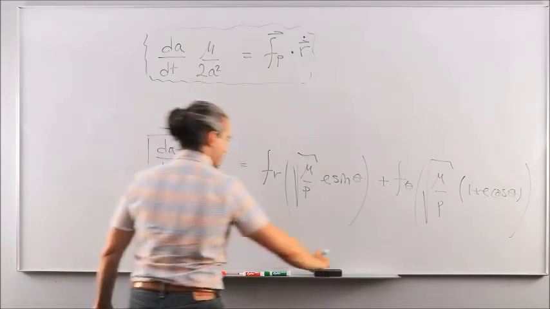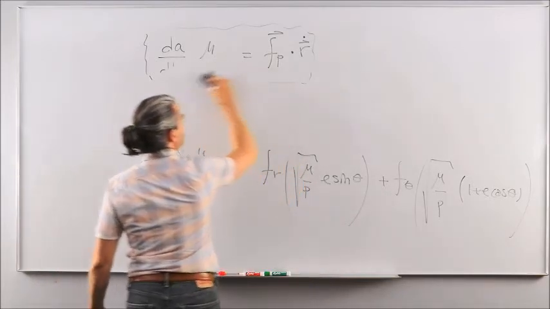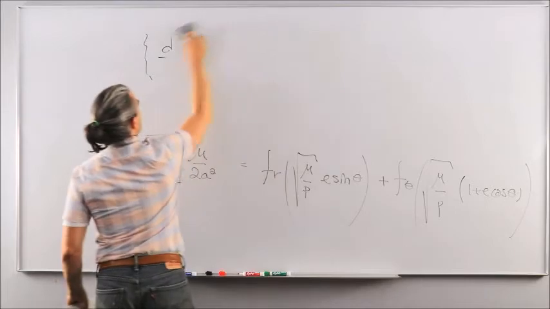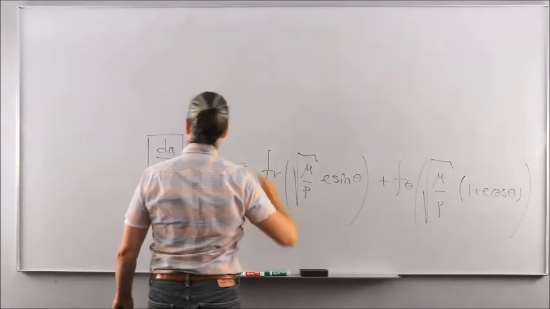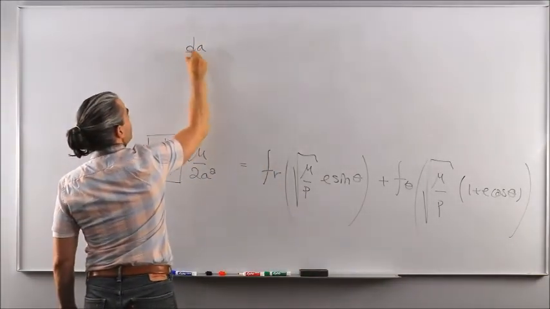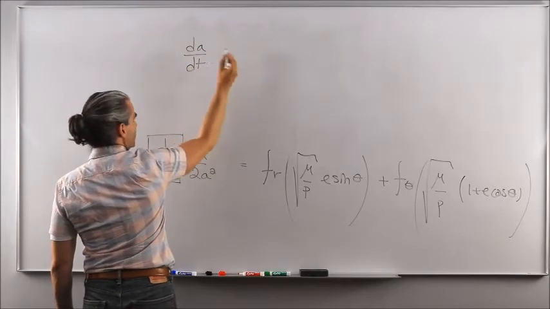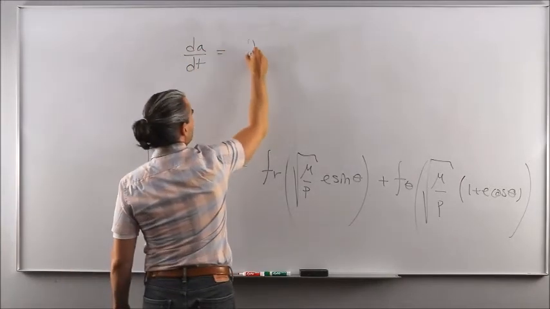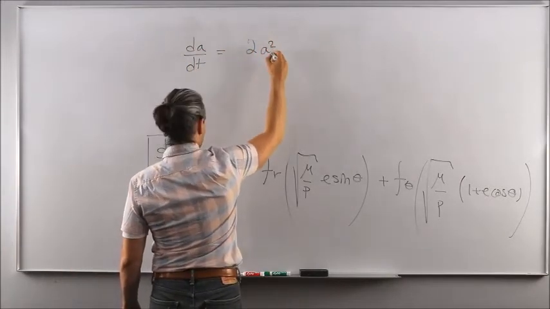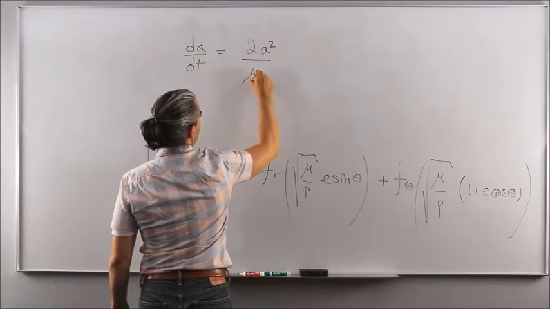Okay? So that expression can easily be solved for the rate of change in semi-major axis, dA/dt equal to 2a squared over mu.